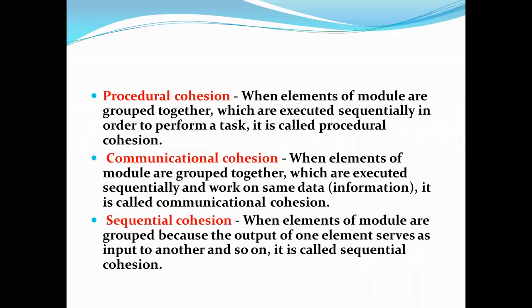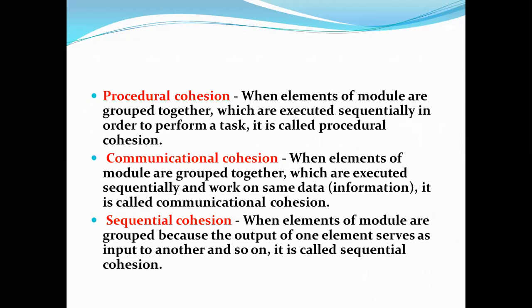Next is the communicational cohesion. In case of communicational cohesion, when elements of modules are grouped together which are executed sequentially and work on the same data. So the things in procedural and communicational are the same in that the things are happening sequentially, but in communicational cohesion they are working on the same data.